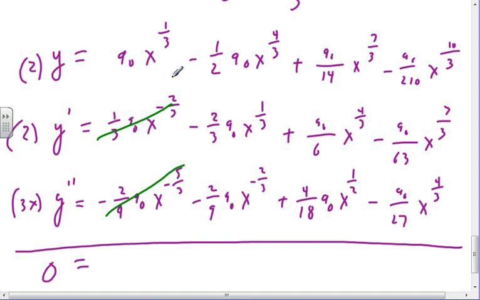I've got 1 minus 1. Right here, I got 2 minus 4/3 minus 2/3. 4/3 and 2/3 is 6/3, which is minus 2. That term goes away.